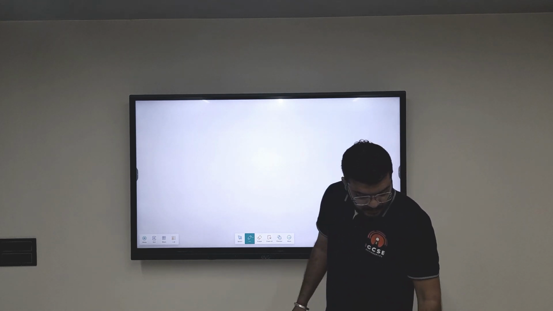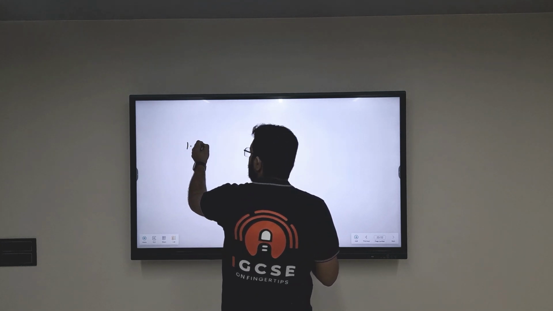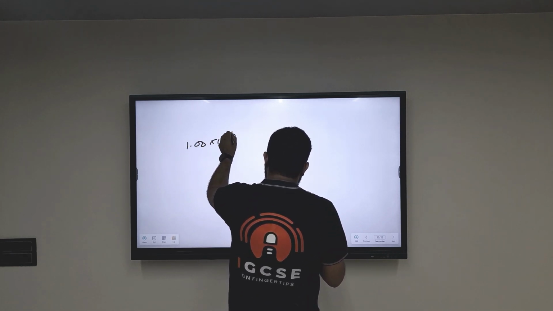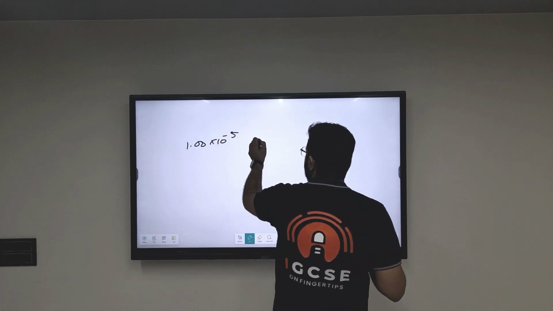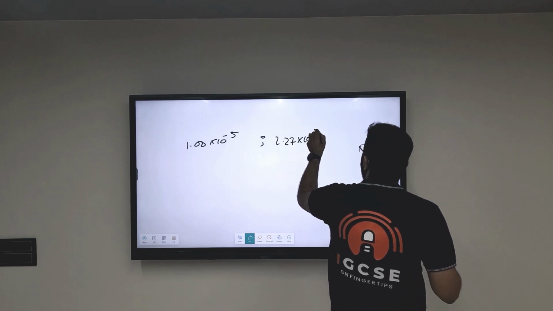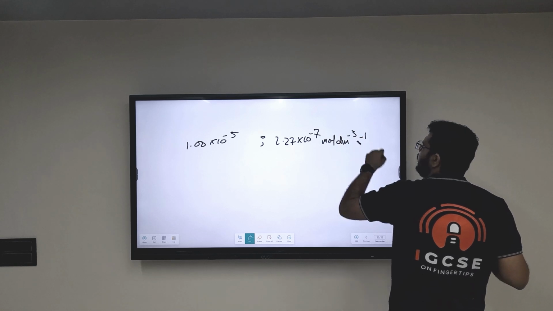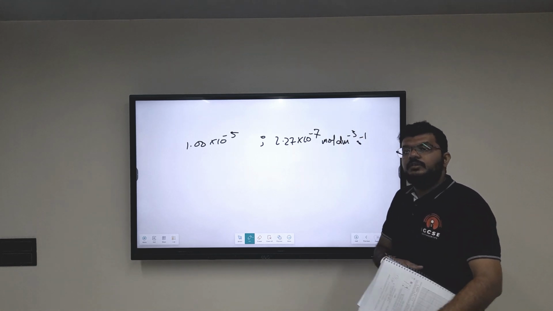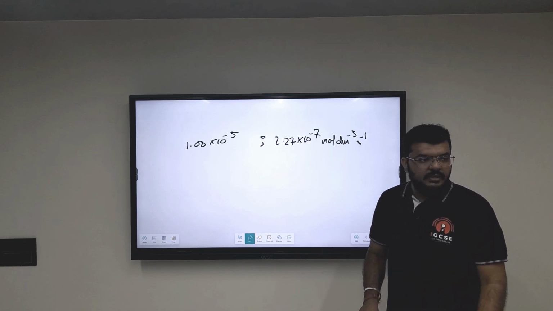So they have said that initially I2 is 1.00 into 10 to the power minus 5, and it is decreasing with a rate of 2.27 into 10 to the power minus 7 mole per dm cube per second. Then we wait in class. Then they asked about heat.